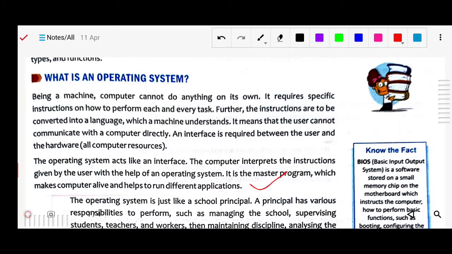It provides an interface for the other application software. All this management work is done by the operating system.